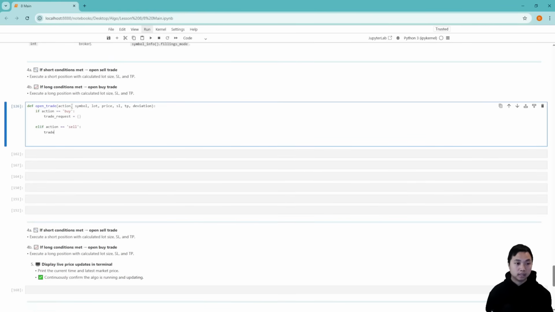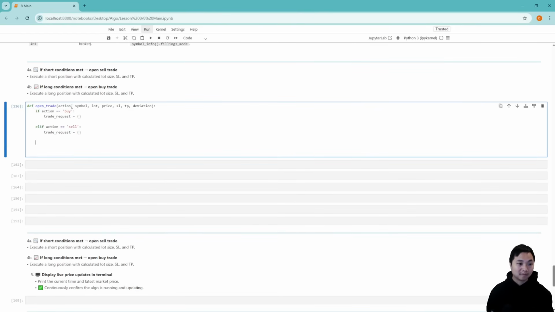We also have another type of trade. And then what we're doing here is that we would like to use order send in MT5 to pass this trade request and execute the trade.